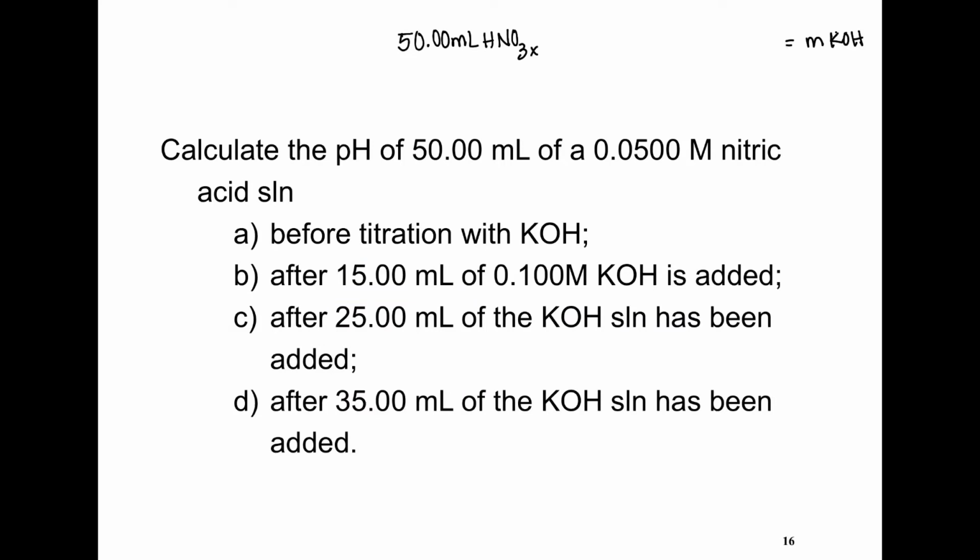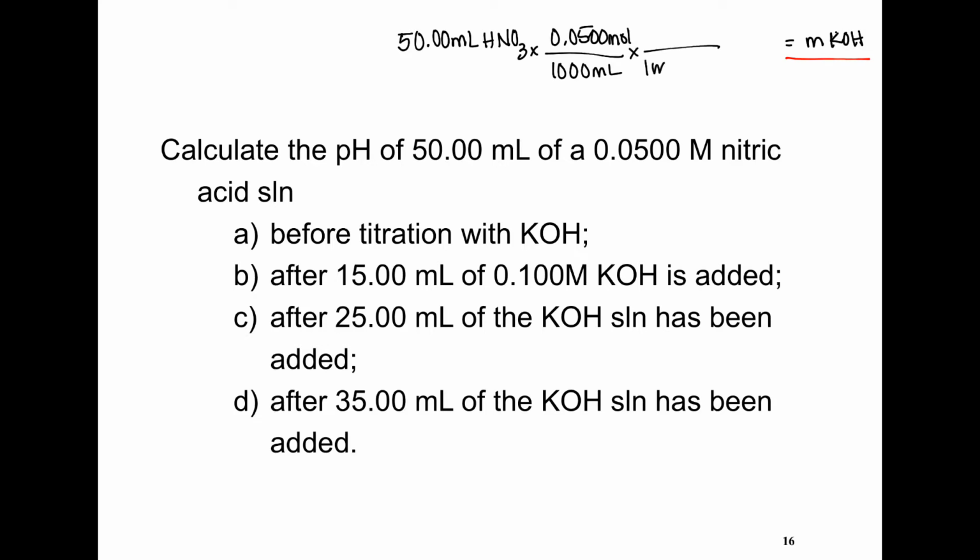So the really big point that's easy to calculate is how much volume would be at the equivalence point. So I'm going to calculate how many milliliters of KOH I would need to react with my starting amount of acid. All right, so I have my volume of acid, and it's 0.0500 molarity.